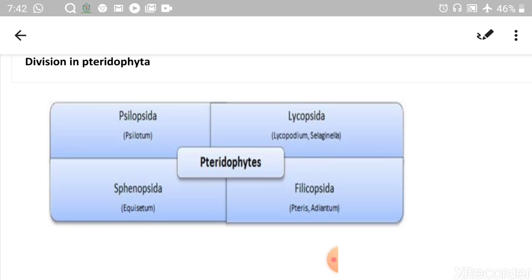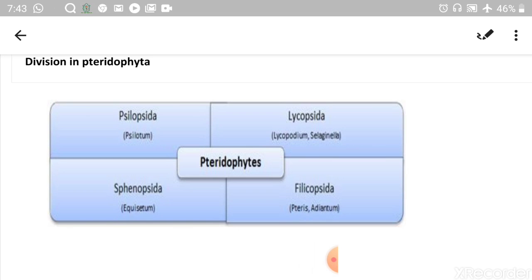Then second group is Lycopsida. These Lycopsida contain primitive vascular plants which have differentiation of roots, stems and leaves, and leaves are microphyllous type. Examples of Lycopsida are Lycopodium and Selaginella.